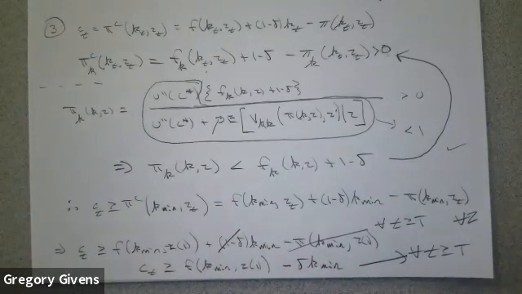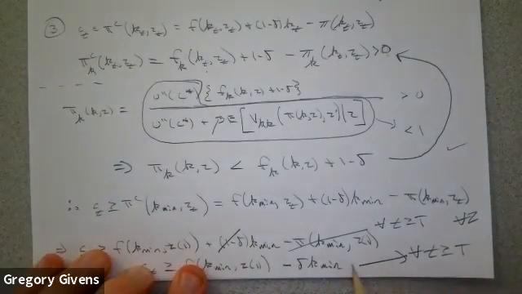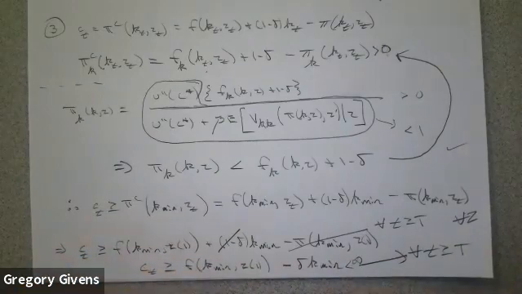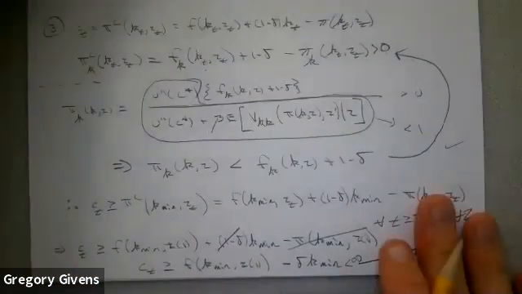So as long as time is sufficiently large, we know that consumption is bounded below by some finite value. Why is that helpful?